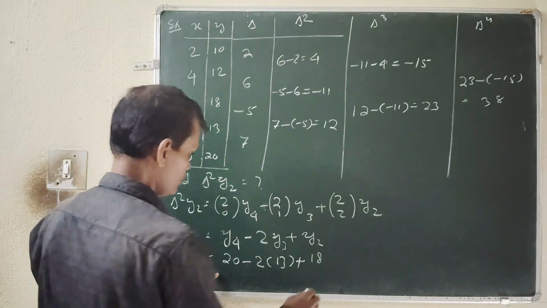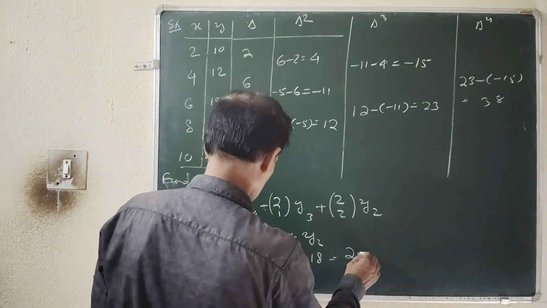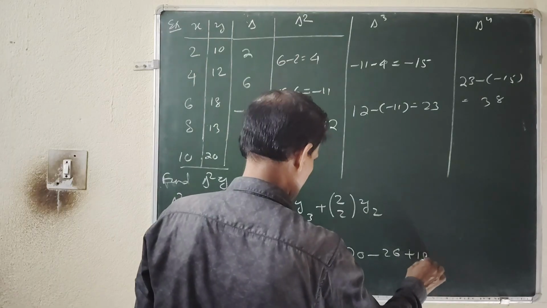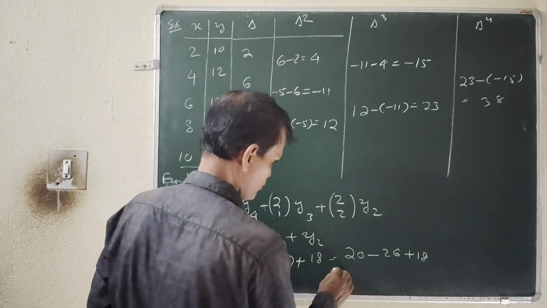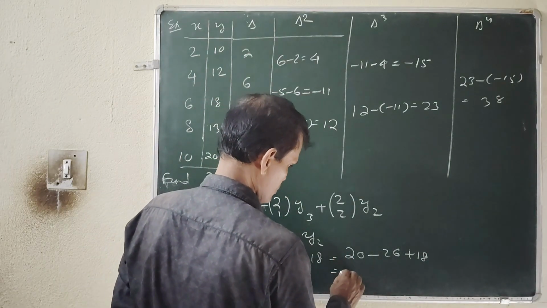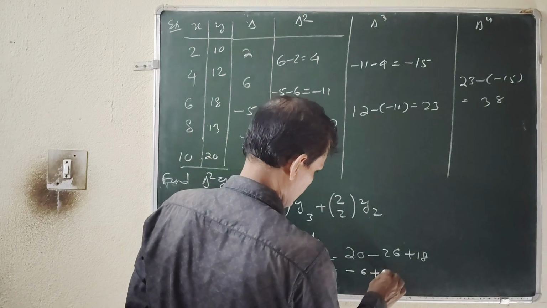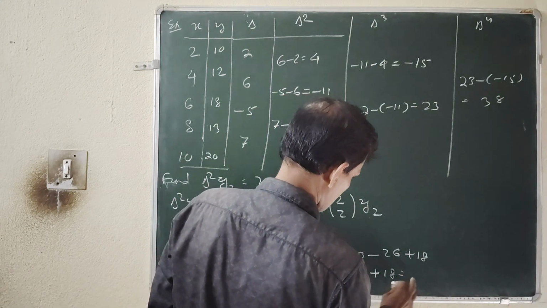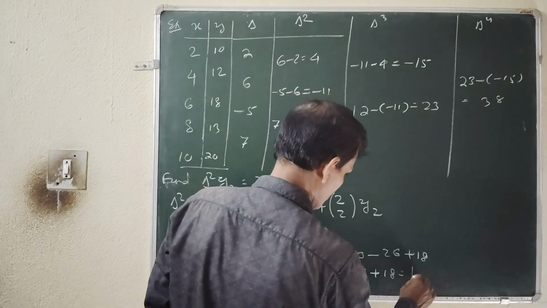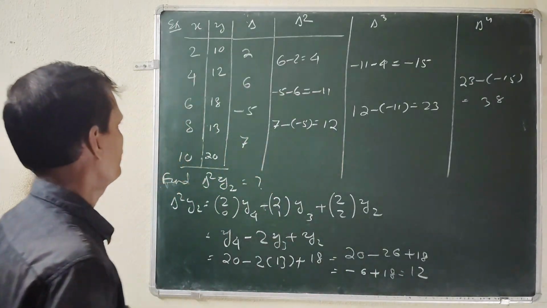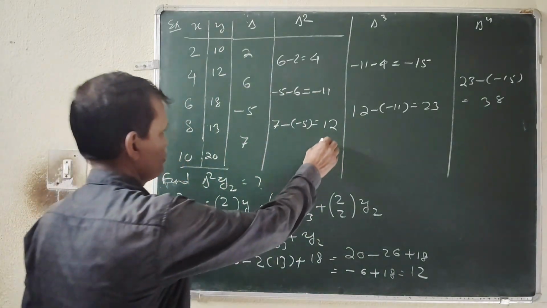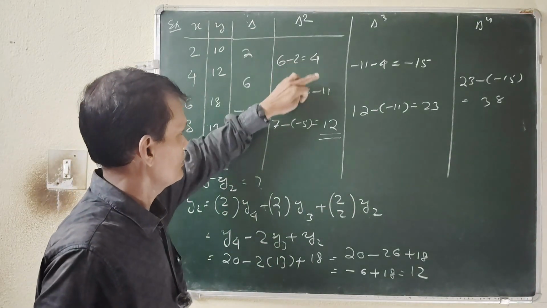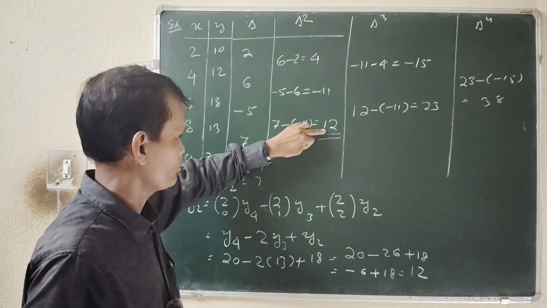The result you get is 20 minus 26 plus 18, that is minus 6 plus 18, that is 12.